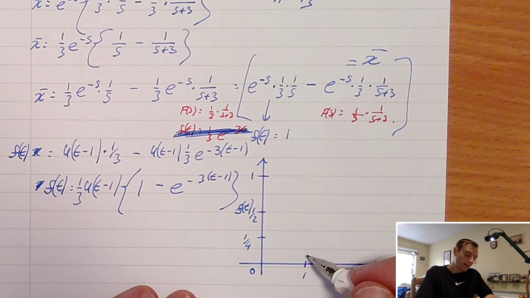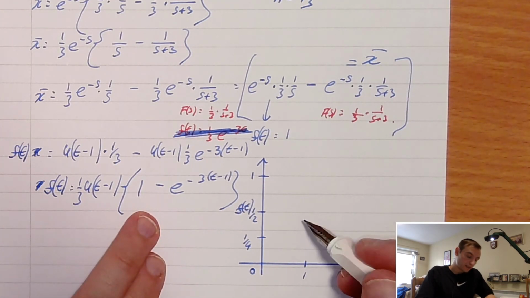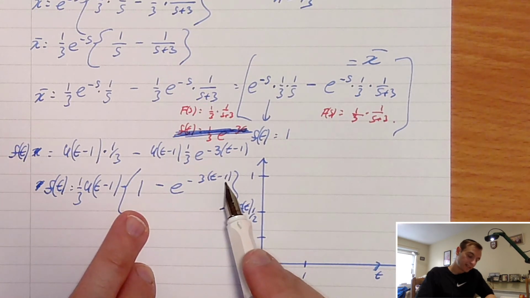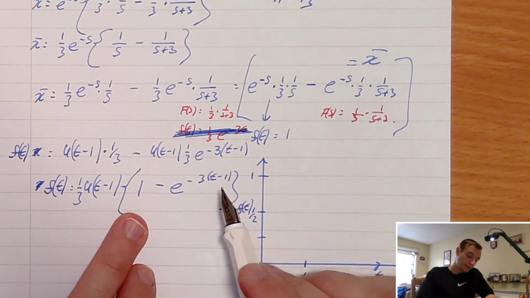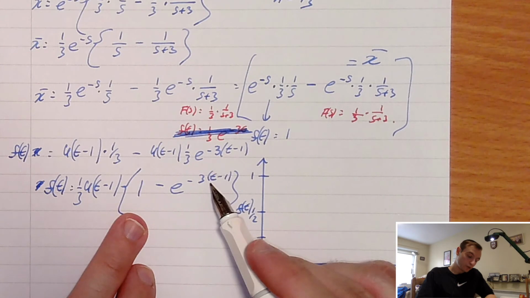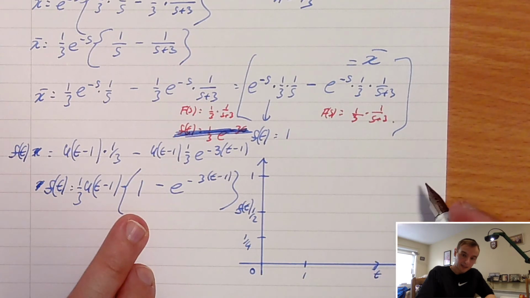And then we're going to multiply the function by 1/3. So the function is 1 minus e to the minus 3(t minus 1). So we can see that when t equals 1, it's going to be e to the 0, which is 1. 1 minus 1 is 0. So that's good. And it's going to kind of go like this, isn't it?